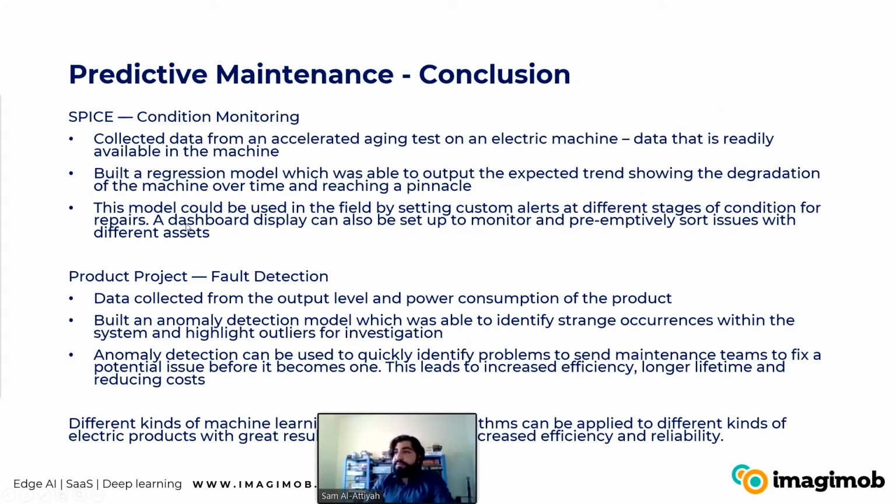So to conclude, you can use different kinds of machine learning models and algorithms for different kinds of electric products, and approach problems from different ways. We saw how you can use a regression model to track conditions and anomaly detection to identify faults in the system.